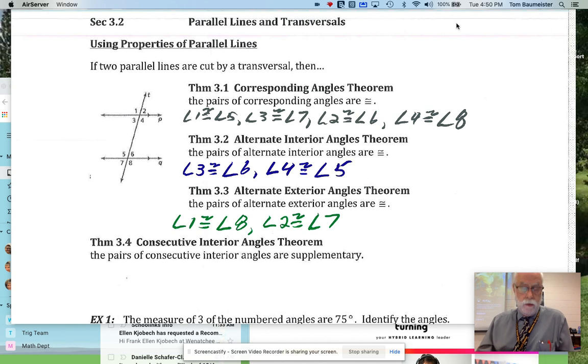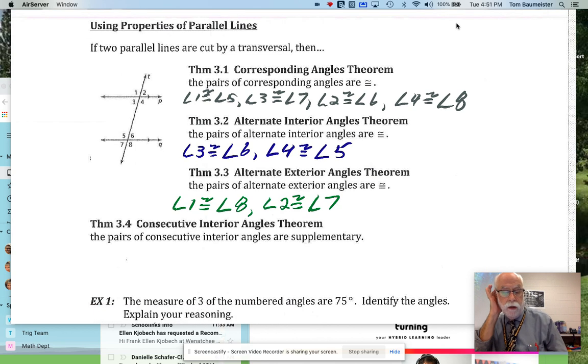Then theorem 3.4 states the consecutive interior angles theorem. Remember, they're on the inside, so 3 and 5 are consecutive interior angles, and 4 and 6 are consecutive interior angles. What that states is that if two parallel lines are cut by a transversal, then the pairs of consecutive interior angles are supplementary.